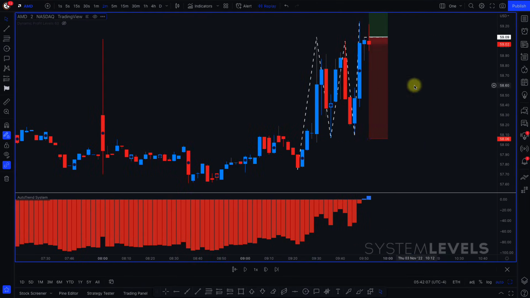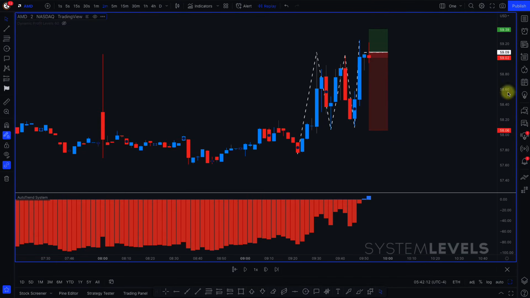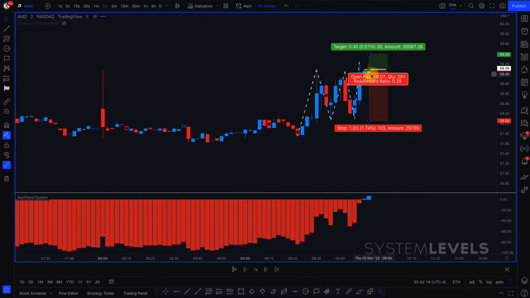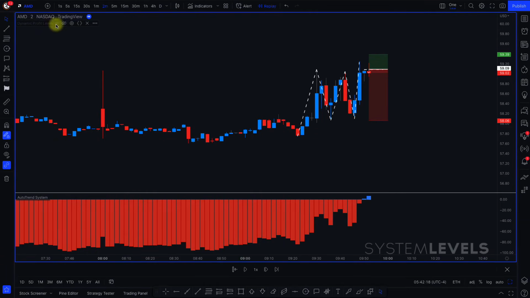And now that I have my stop loss, I can go ahead and turn on my targets, right? So it's good to have a stop loss, but where do we take profits? At that point, I need to turn on the dynamic profit levels, which is part of the AutoTrend System package. So if I turn those on, then I get my profit targets. These levels are automatically plotted on my chart, and they're automatically adjusted to the volatility of the chart at that point in time.